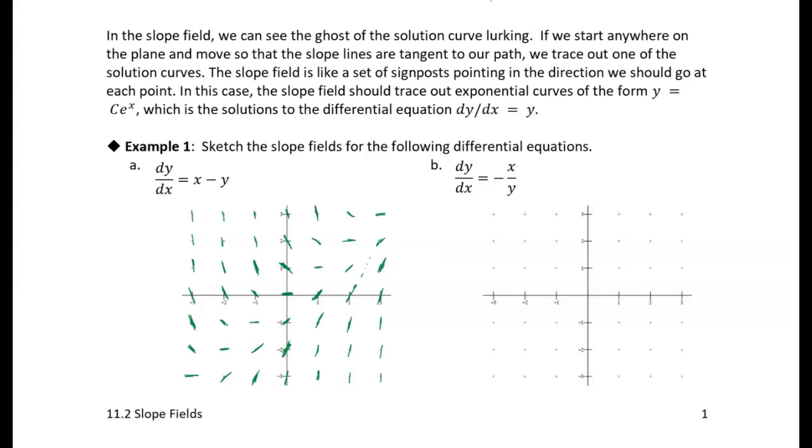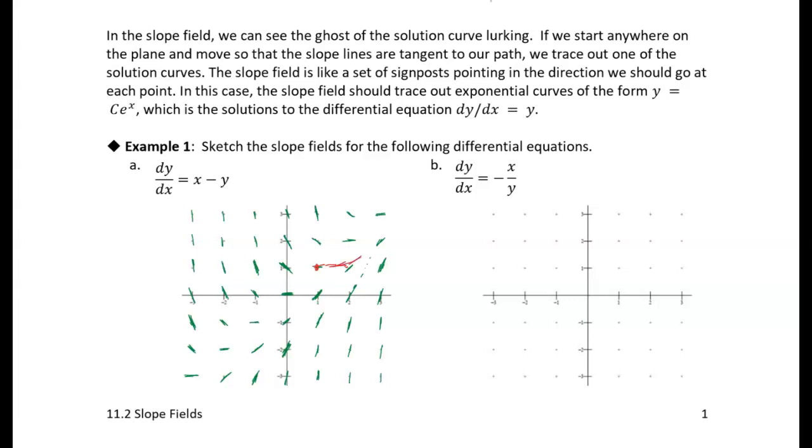So if I happen to know that the solution passes through, say, let me just pick a point here. Let's say it passes through that. Then essentially this slope is telling me, okay, my next point is probably here, right? And then that's pointing me up here.